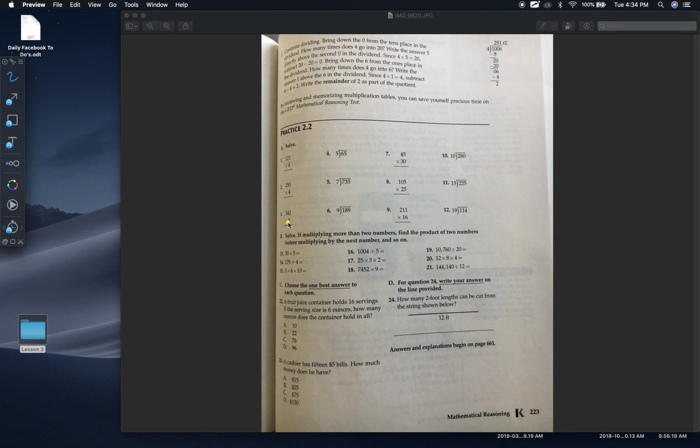Then 3 times 8 is 24, so plus... yeah, 3 times 8 is 32. Sorry, 24, plus the 3 we had carried here is 24, 25, 26, 27.